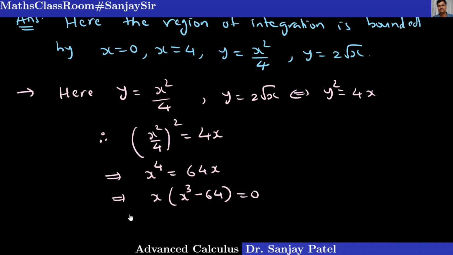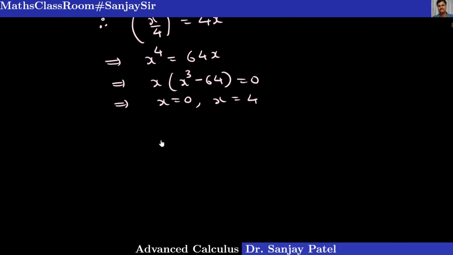Finding the roots of this equation, we get x is equal to 0 and x equal to 4. Remember, I am not taking that quadratic factor because it has imaginary roots. We are interested only in the real roots of this equation.